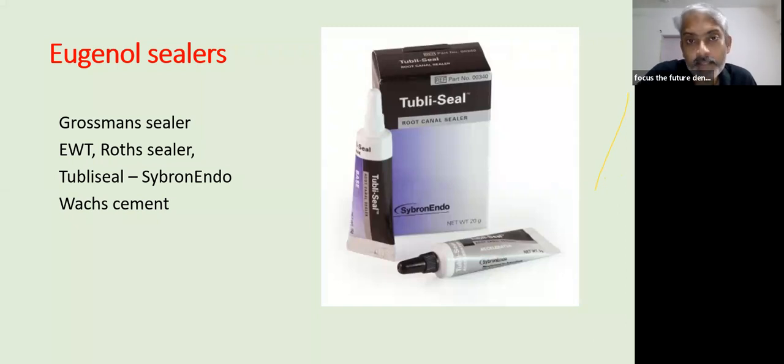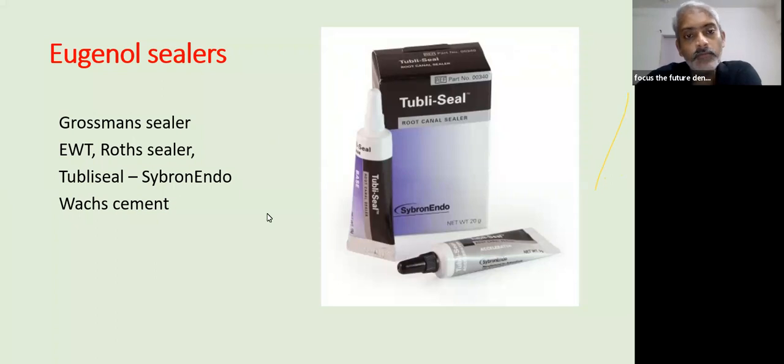But the problem is eugenol sealers can inhibit polymerization of your composites. And nowadays we use composites as post-endodontic restorations. It's very important. Earlier we never used to use, but now composites are the most widely used post-endodontic restorations. So that makes your eugenol sealers contraindicated in many of the contemporary endodontics.